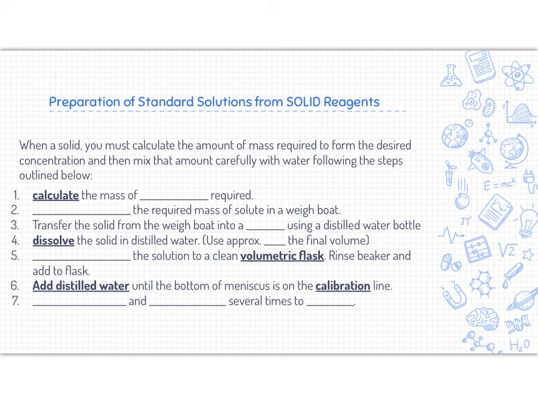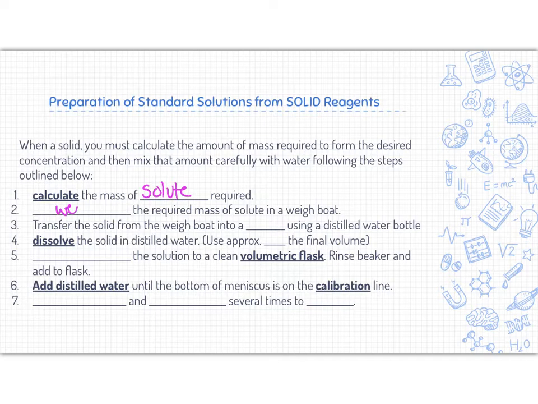When we are preparing a solution from a solid, we need to calculate the amount, or the mass, of solute required to form the desired concentration, and then mix that amount carefully with water following the steps below.